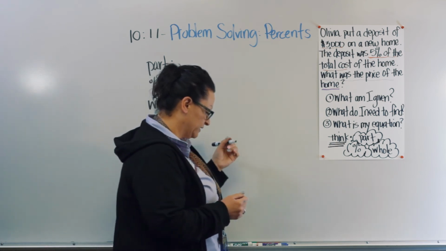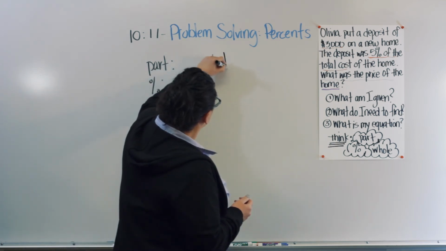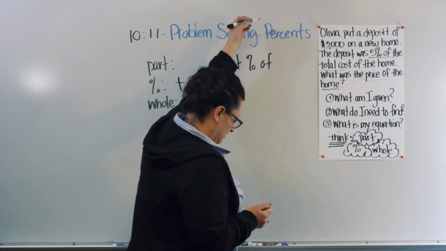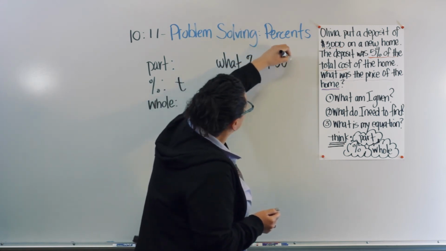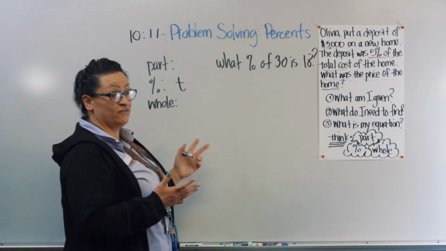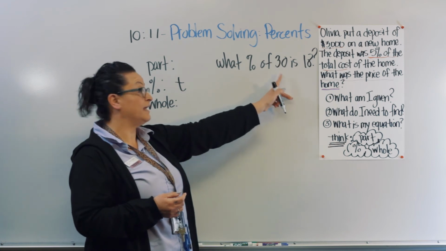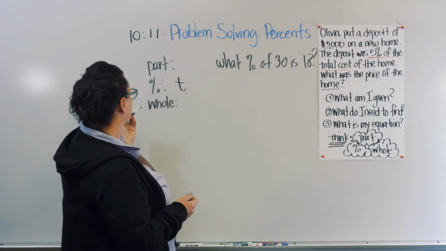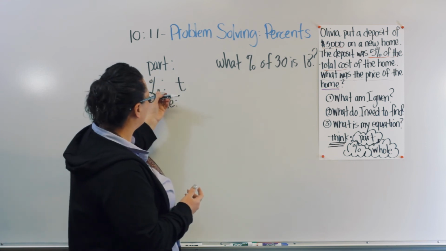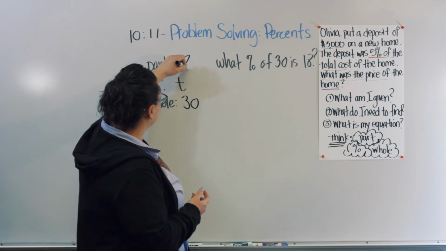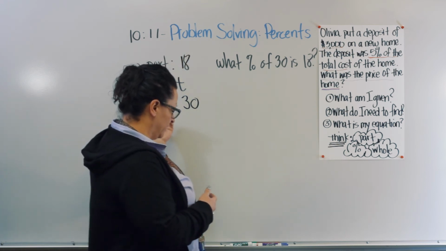Okay, so if they told us what percent of 30 is 18, okay? So we know what they've given us. They've given us the whole and they've given us the part. We need to find the percentage. So if we wrote this in, we know that the whole is 30, the part is 18. And we need to write that in an equation.